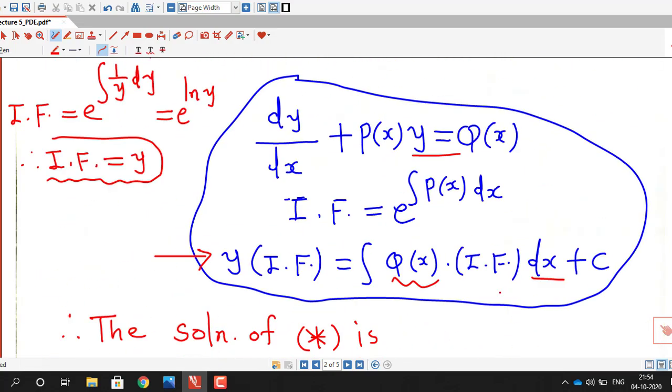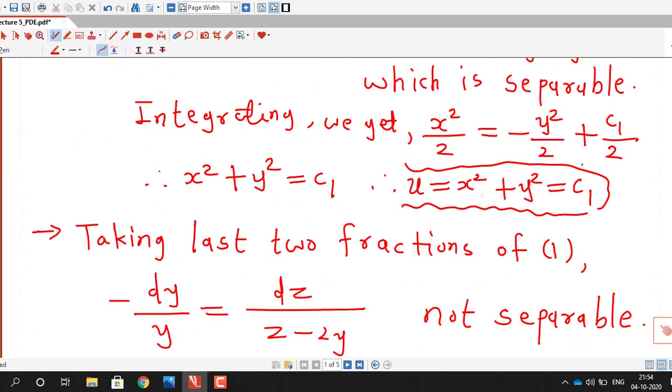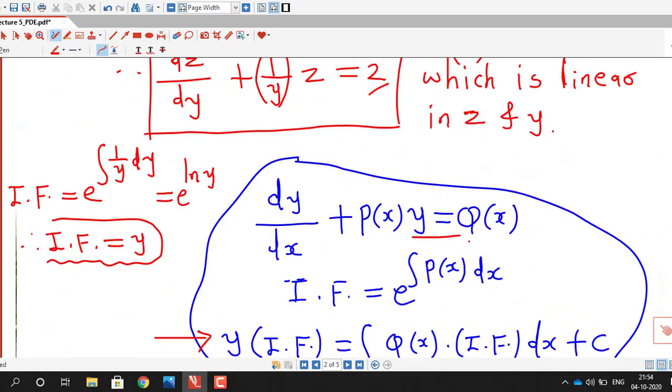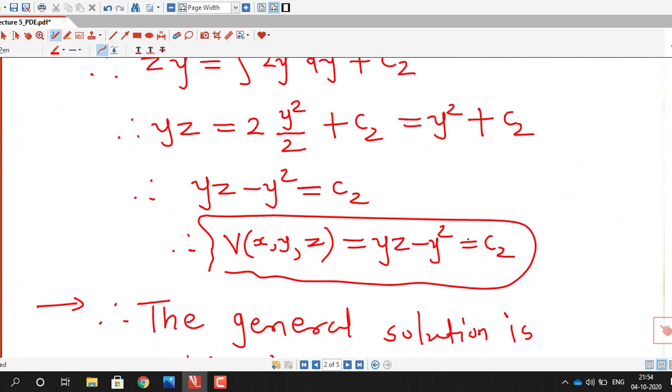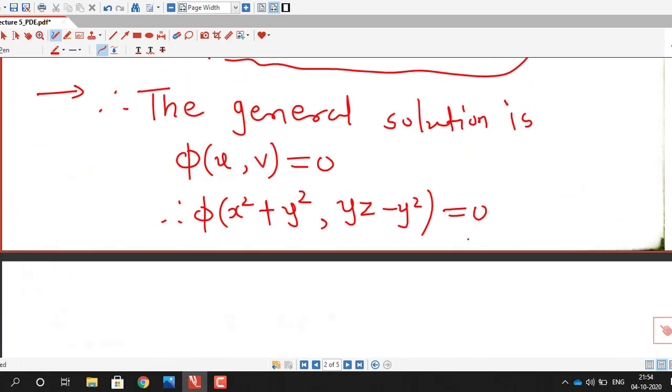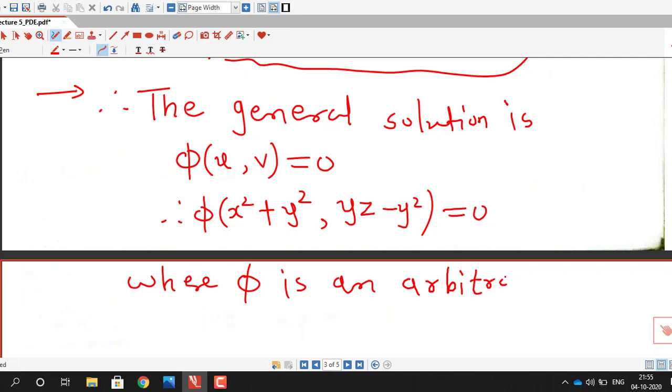Let me check value of u. Yes, it is x square plus y square and v is yz minus y square, and phi is an arbitrary function, we must mention what is phi. So where phi is an arbitrary function.